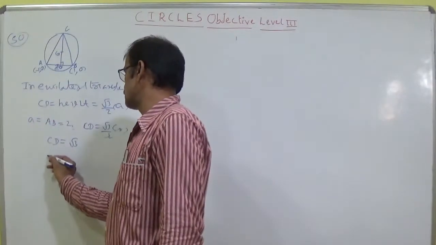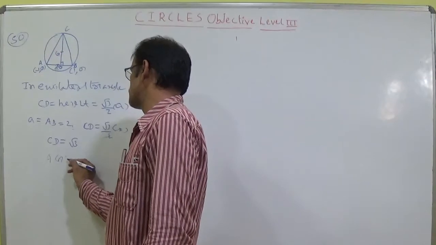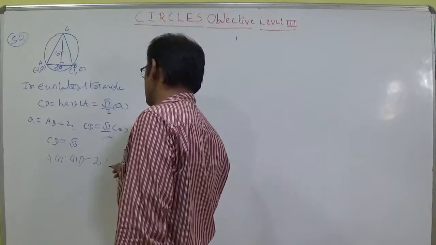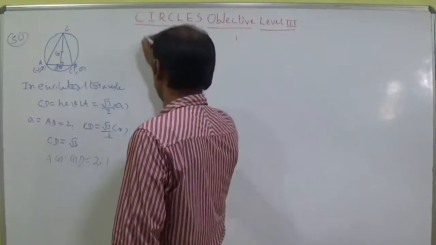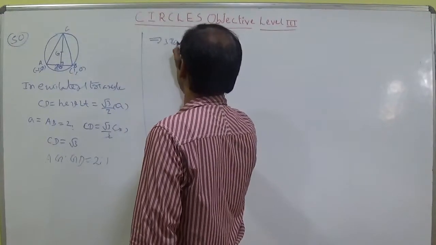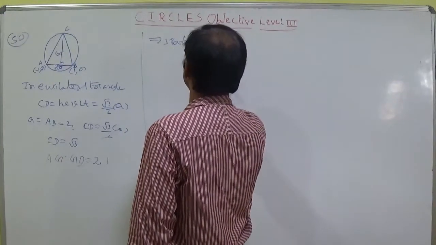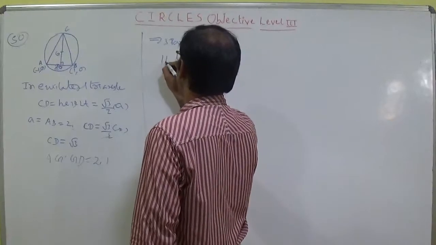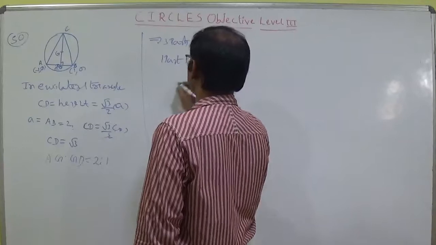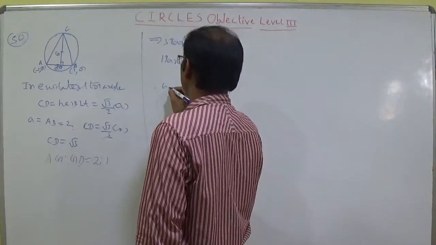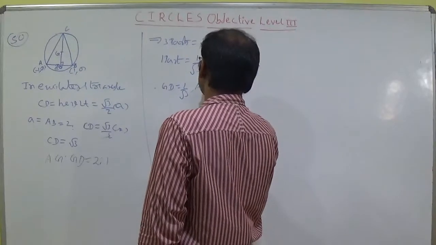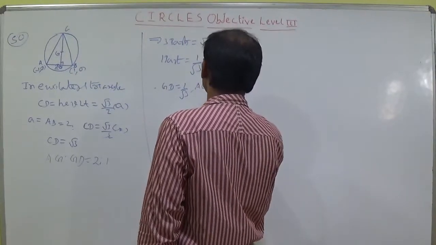AG is to GD is equal to 2 is to 1. That implies 3 parts is equal to root 3. Therefore, 1 part is equal to 1 by root 3. Therefore, GD is equal to 1 by root 3. AG is equal to 2 by root 3.